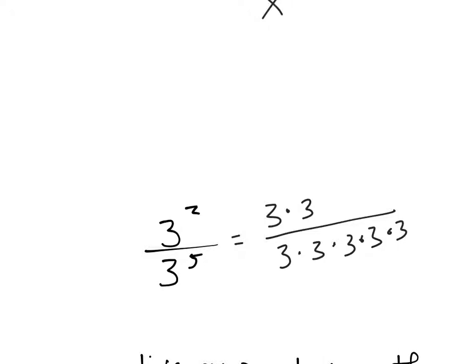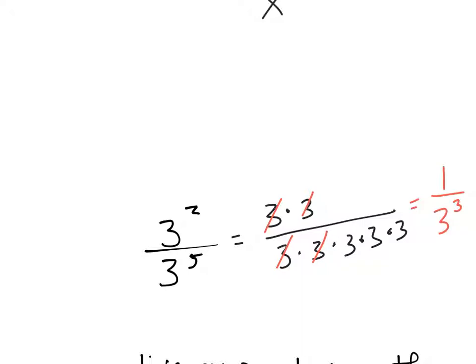So, of course, my first set of 3's will cancel out. My second set of 3's will cancel out. And I am left with 1 over 3 to the third power, because there are 3 3's.